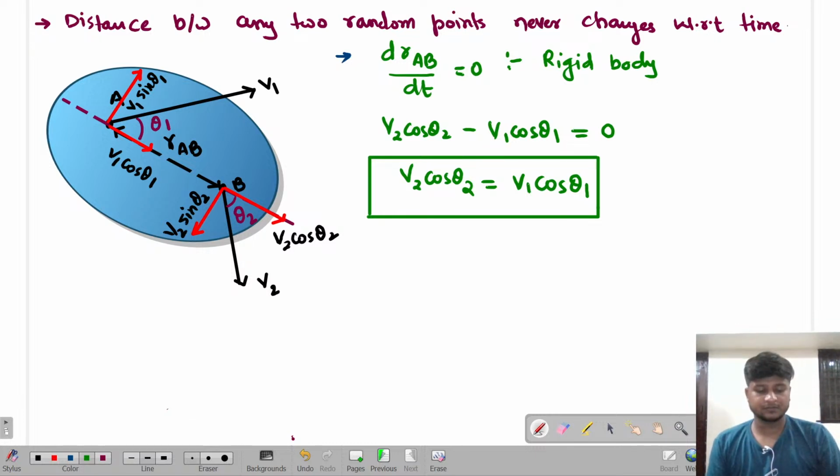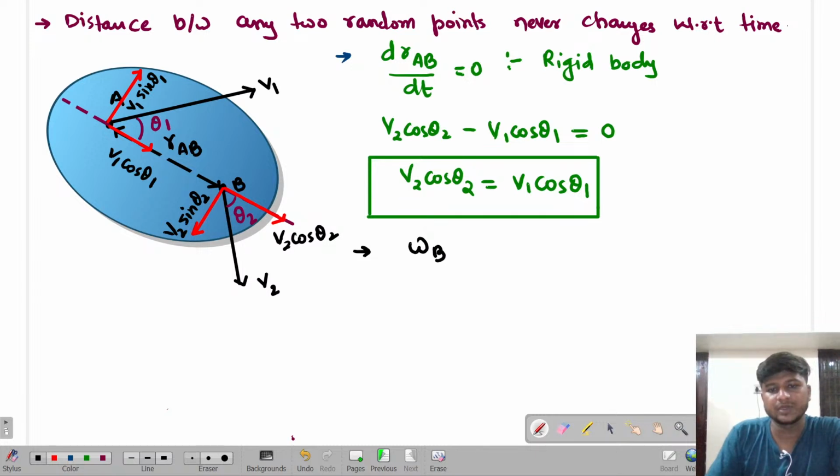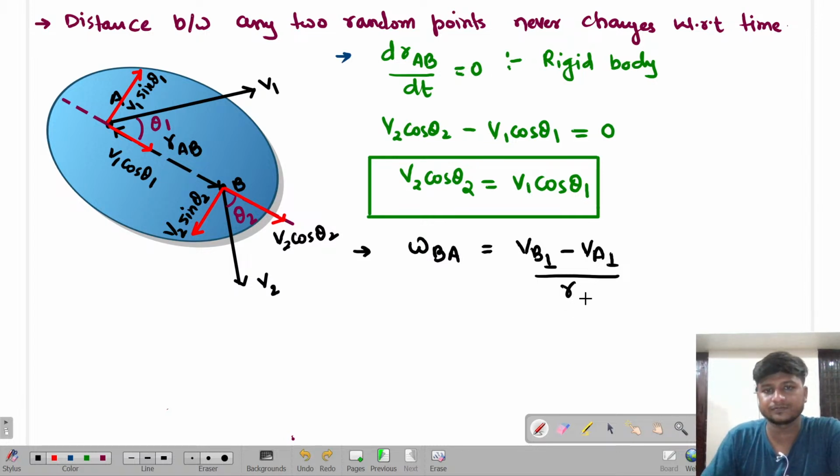Is that clear? Now the second idea is that the perpendicular velocities on the radius always create angular velocity, yes. So what was the formula for omega of B with respect to A? It is nothing but omega equals velocity of B perpendicular minus velocity of A perpendicular, divided by RAB. Yes or no? Correct.